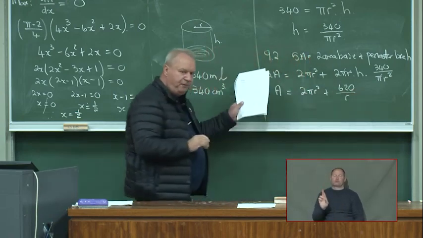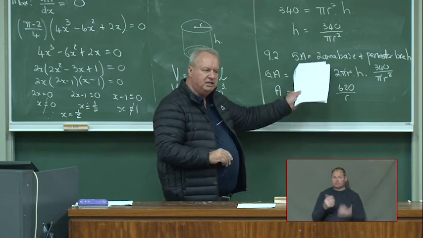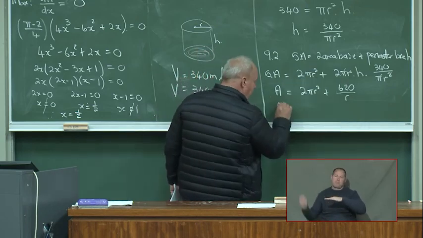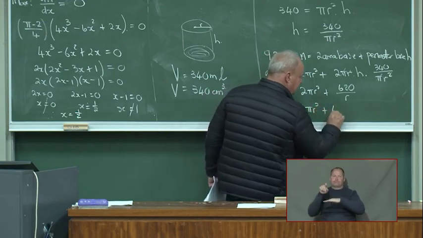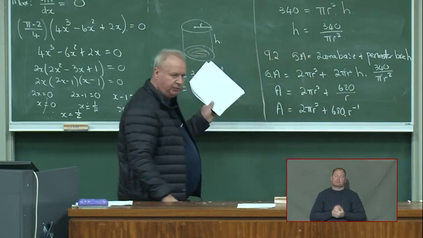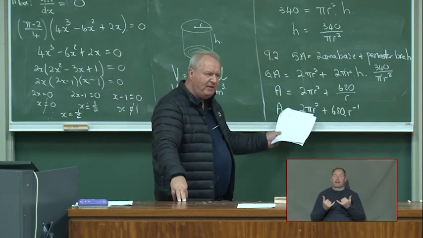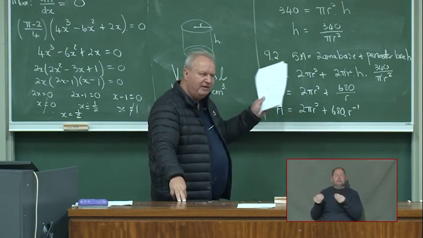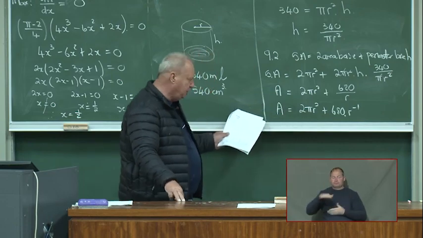Now people, before I can differentiate, I cannot differentiate for r if it's in the denominator, so I need to take it to the numerator. So A here is equal to 2 pi radius squared plus 680 times r to the power negative 1. Are you with me? Now, in order to find the value of r so that the surface area is a minimum, I need to differentiate.